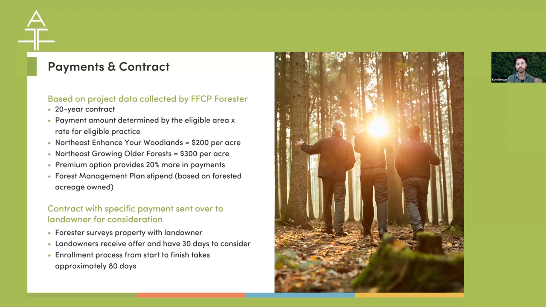And then talking a little bit more broadly about the process, a forester will survey your property alongside you. You should receive your offer within 30 days and then have another 30 days to consider it. And then finally, the entire process from start to finish takes 80 days on average.